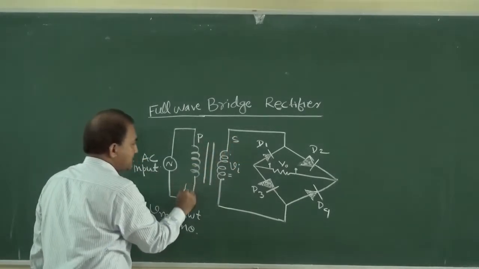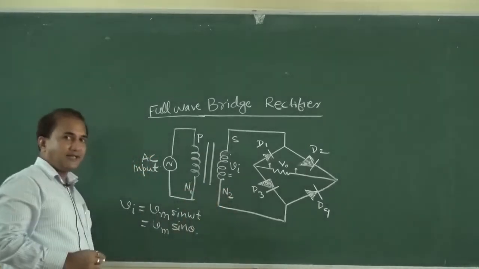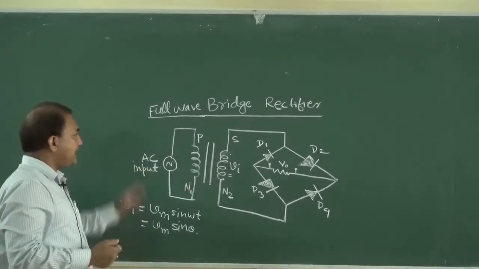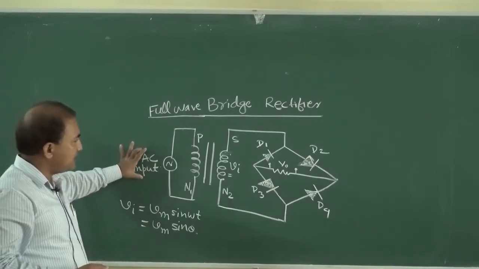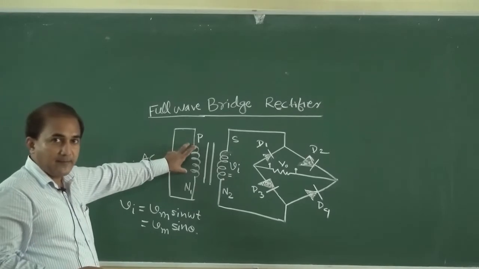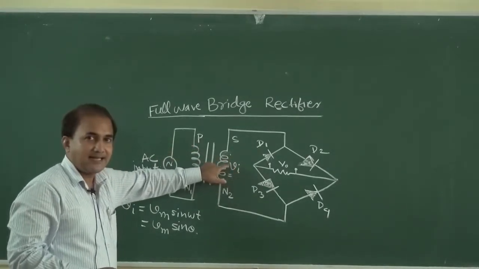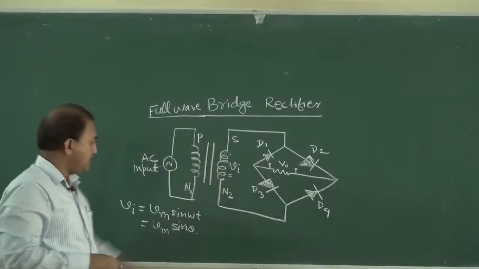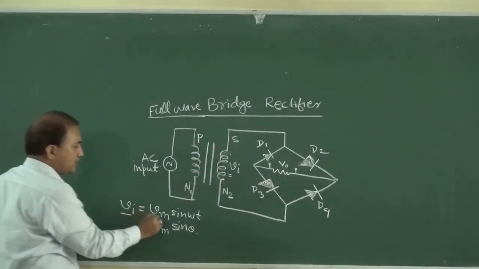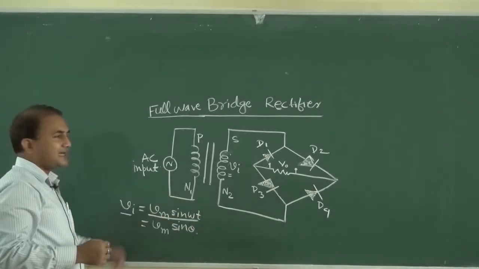It has turns ratio N1 and N2. This input voltage is applied to the primary of the transformer, and Vi is the voltage across the secondary of this transformer. So Vi is equal to Vm sin omega t or Vm sin theta.